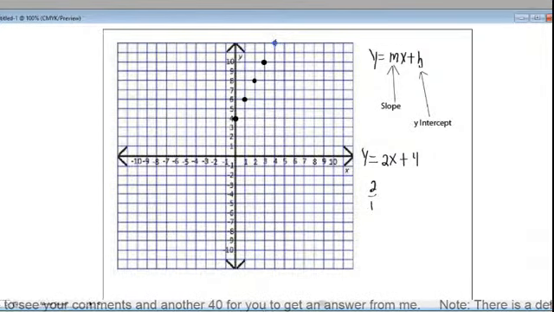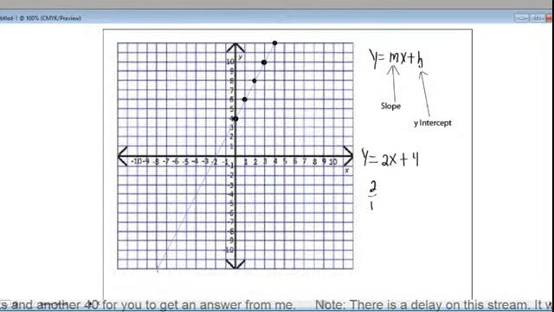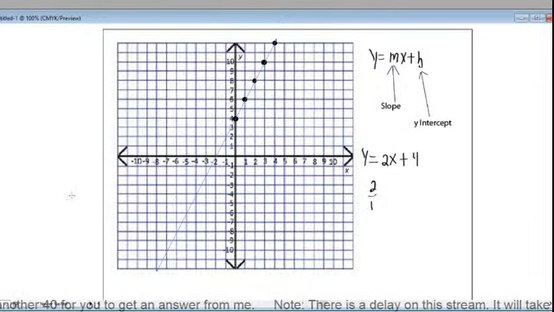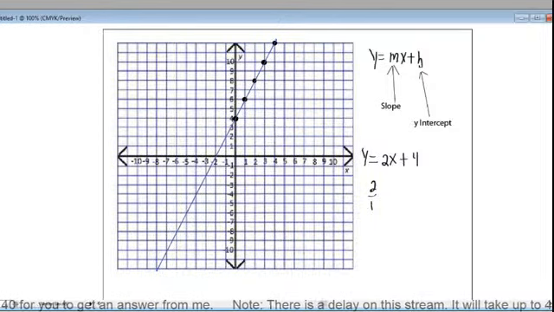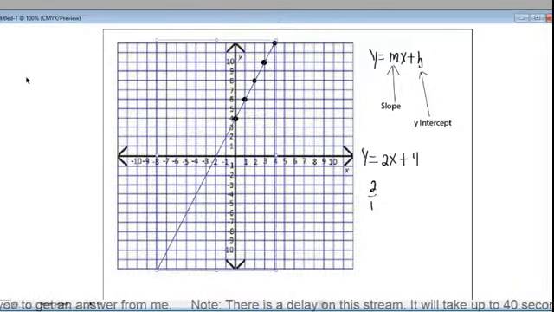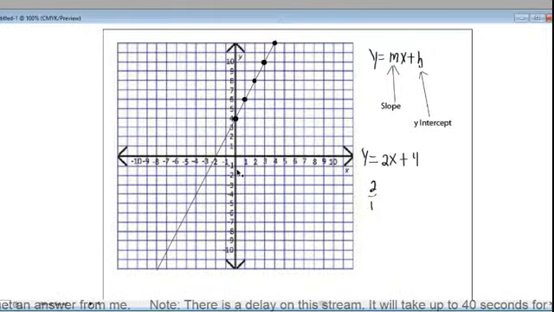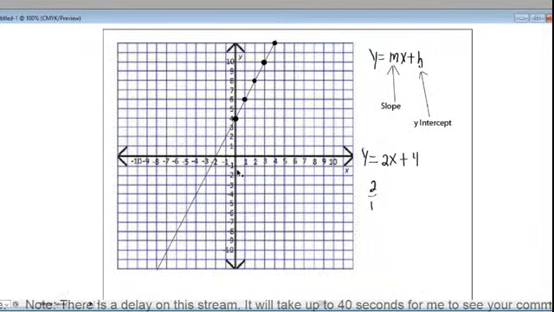So I'm going to go ahead and put my line in here. That looks pretty good. And there's my graph. Okay, so again, slope-intercept form is actually pretty useful for just graphing this thing.